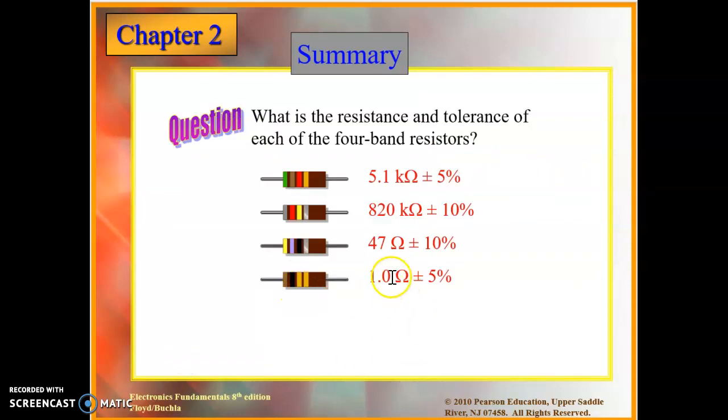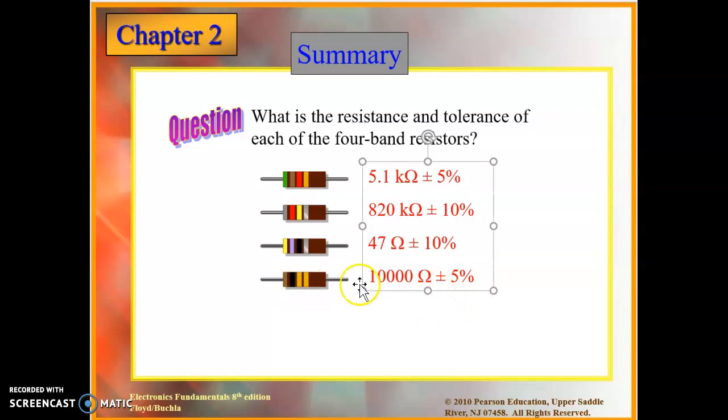So this would be 4 zeros. It will be 10,000, because the 1 comes from the brown, this first 0 comes from the black, and then these 3 zeros come from this yellow that we are assuming here, and then we have the gold.